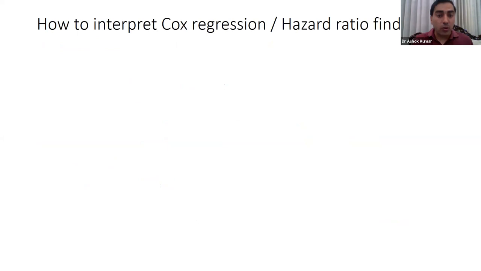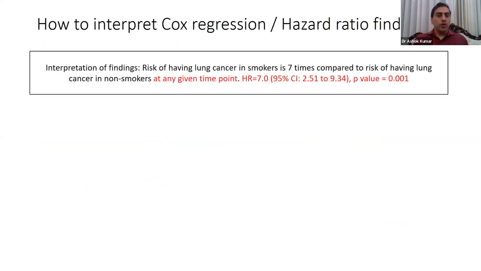So how to interpret a Cox regression or hazards ratio finding? If we apply Cox regression or hazards ratio, then how to interpret it? For the interpretation of the finding, please be attentive. The risk of having lung cancer in smokers is 7 times the risk of having lung cancer in non-smokers.